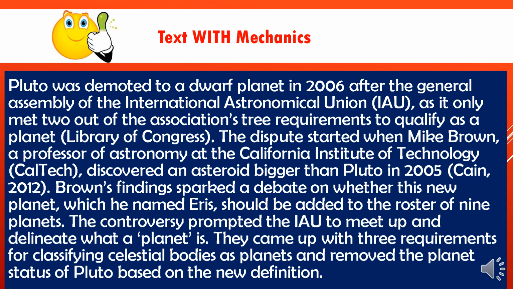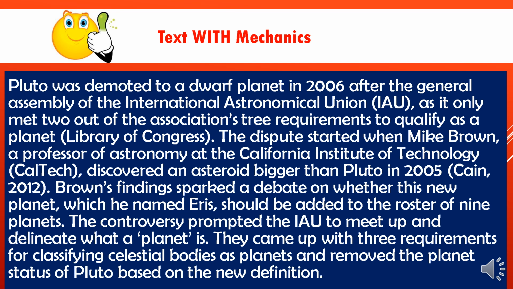The dispute started when Mike Brown, a professor of astronomy at the California Institute of Technology, or Caltech, discovered an asteroid bigger than Pluto in 2005. Brown's findings sparked a debate on whether this new planet, which he named Eris, should be added to the roster of 9 planets. The controversy prompted the IAU to meet up and delineate what a planet is.